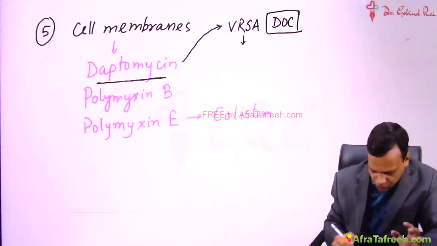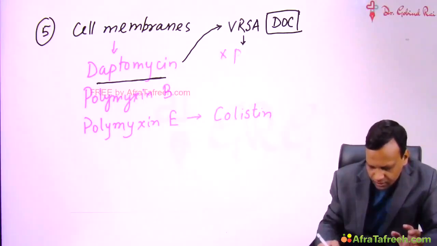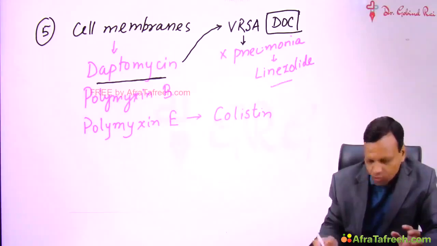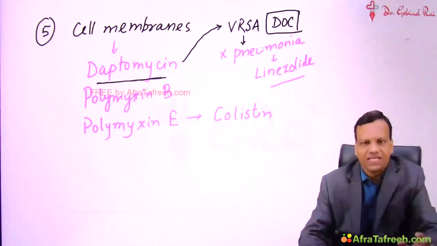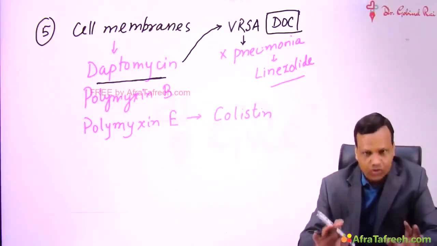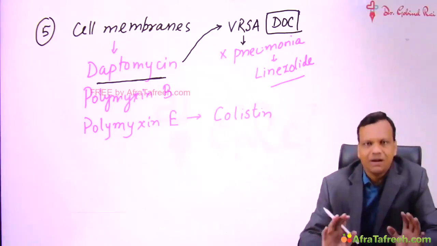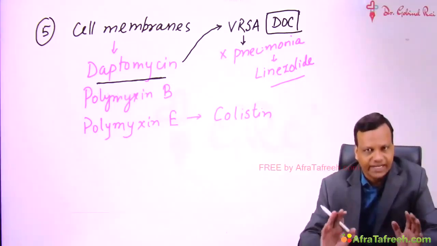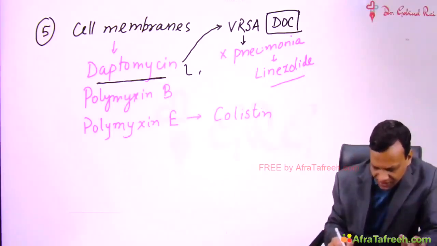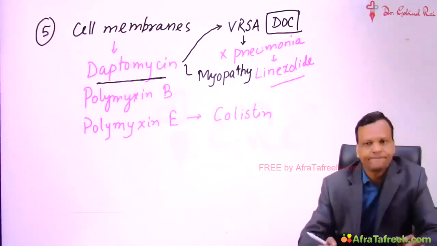If the VRSA is causing pneumonia, then the drug of choice is linezolid, because daptomycin becomes inactive by pulmonary surfactant. The major side effect of daptomycin is myopathy.